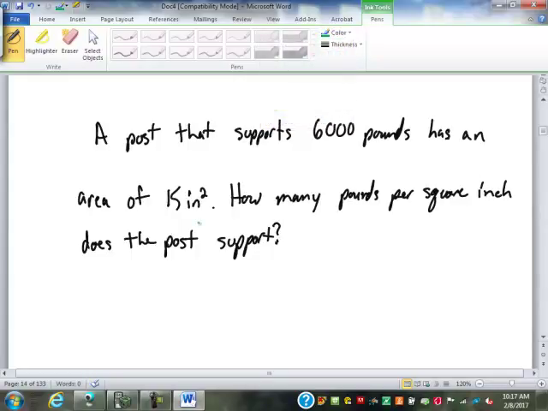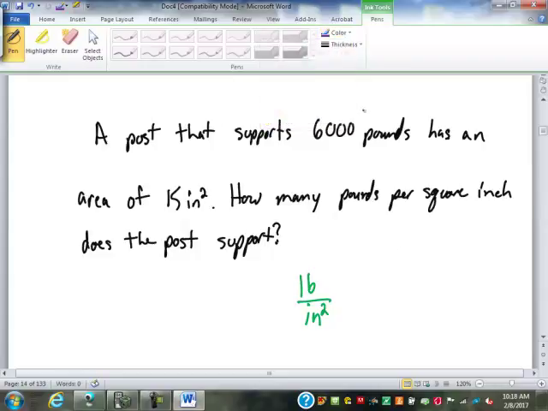Here's one where there's squared inches in there. There is an area in there, but the answer is not asking for an area. But the units here can actually help you figure out what to do. Pounds per square inch looks like that. If I look at those units, that looks like pounds divided by square inches, doesn't it? Well, guess what?